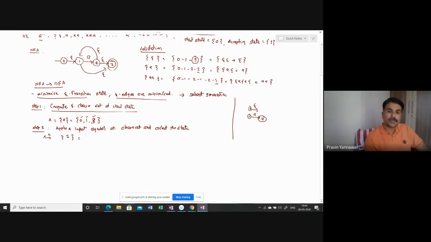For this 2, I am again computing a closure state, which is 1, 2, and 3. Then, calculate the closure set of the collected set.